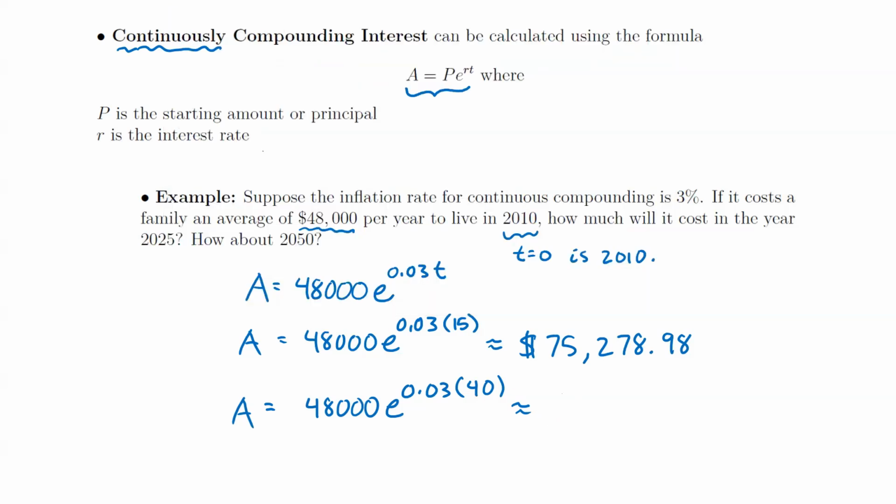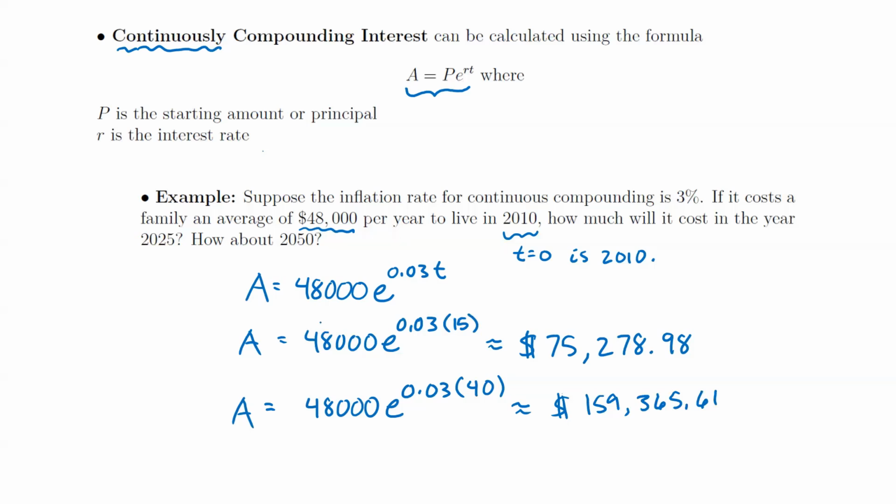So we end up with $159,365.61. Now, if you think about starting your career at say age 25, 40 years later, that would be age 65. So that's about when you want to retire.